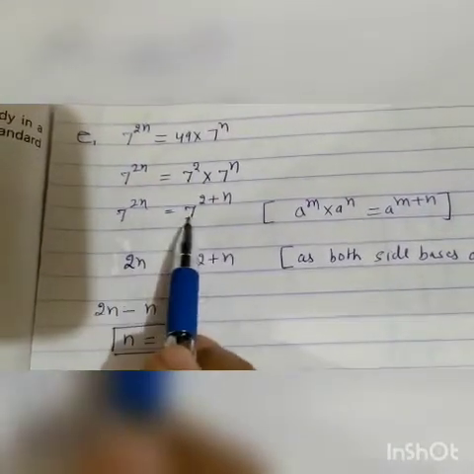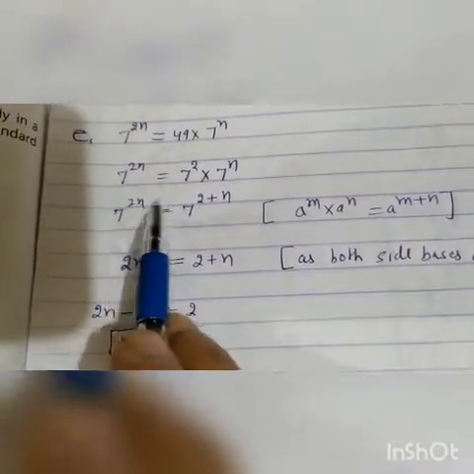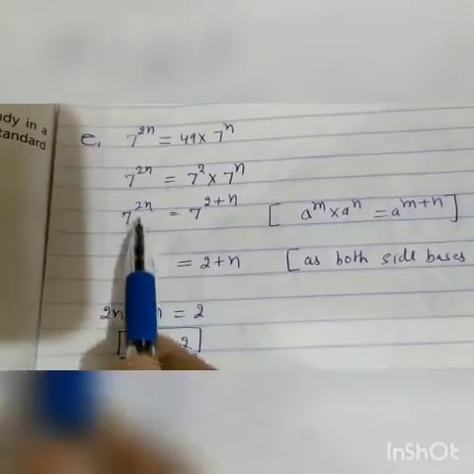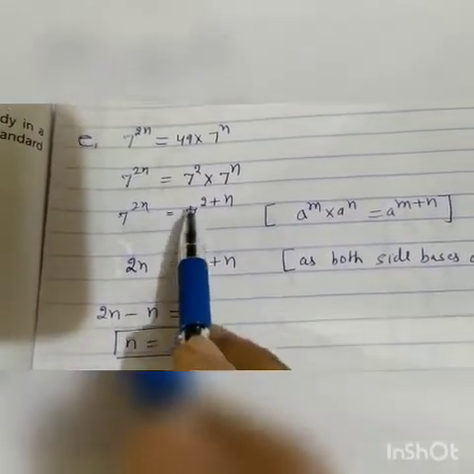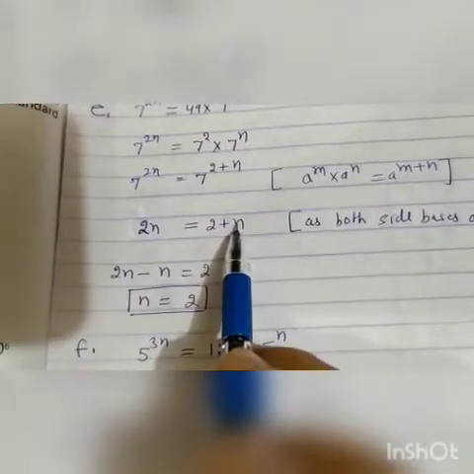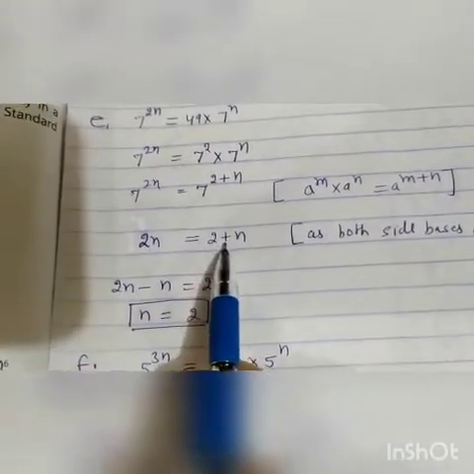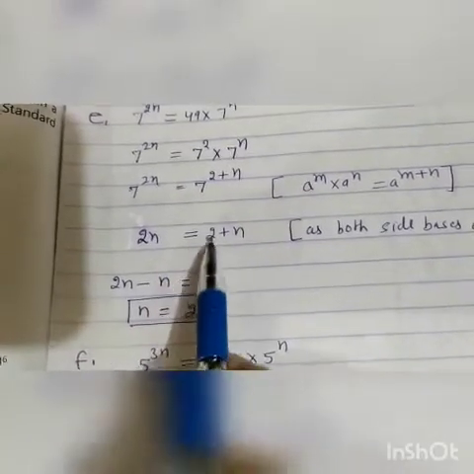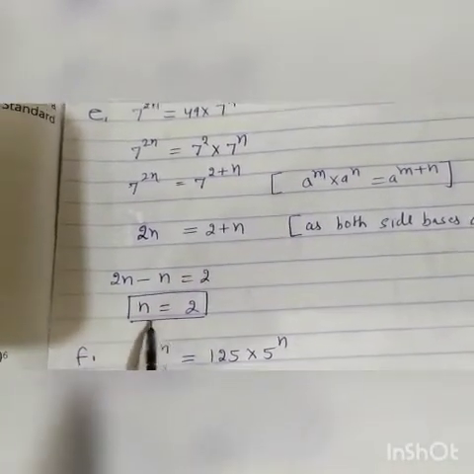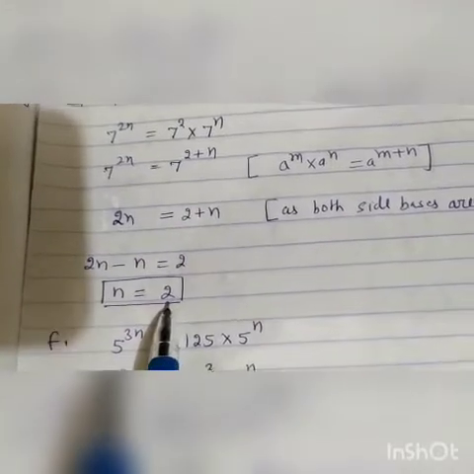Bases of both the sides are equal, so the exponents will be equal. So we can write now 2n is equal to 2 plus n. Now shift this plus n to this side. 2n, this plus n will change to minus n, so 2n minus n is equal to 2.